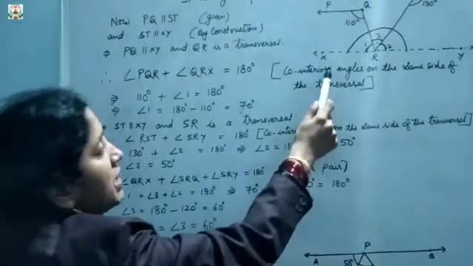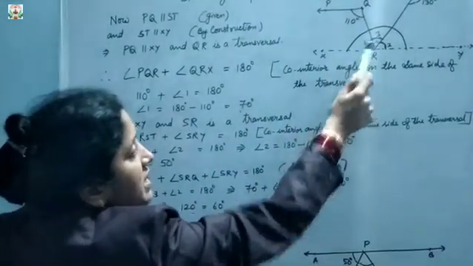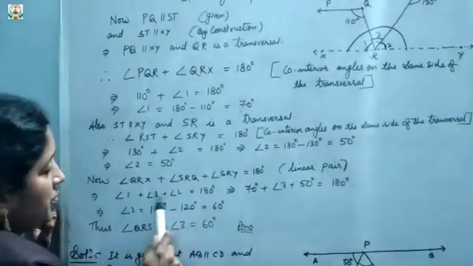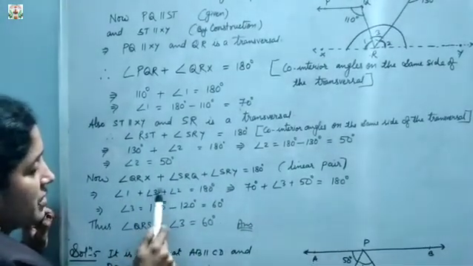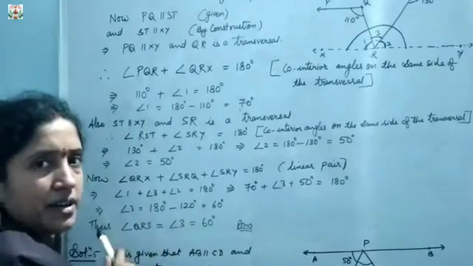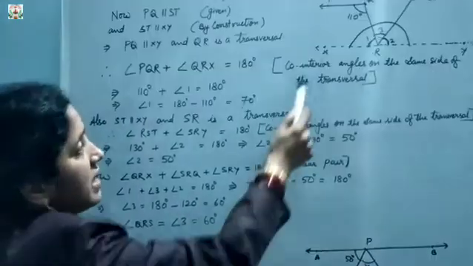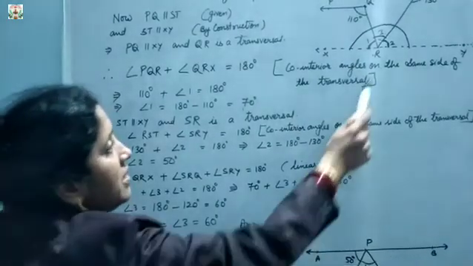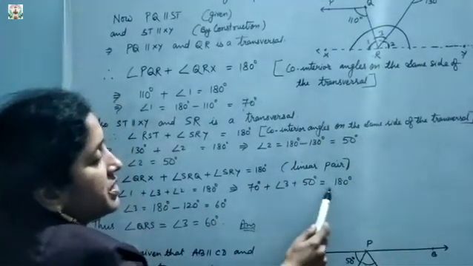That means angle 1 plus angle 2 plus angle 3 equals 180 degrees. By the linear pair, angle 1 is 70 degrees plus angle 3 plus angle 2 is 50 degrees equals 180 degrees.